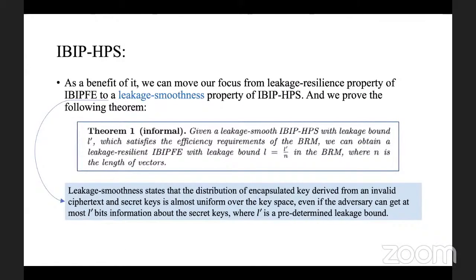As a benefit of it, we can move our focus from the leakage resilience property of the FE scheme to the leakage smoothness property of the IBIP-HPS scheme. And we prove the following theorem. The theorem shows that if we have a leakage smooth IBIP-HPS scheme, then we can get a leakage resilient IBIPFE scheme in the BRM.